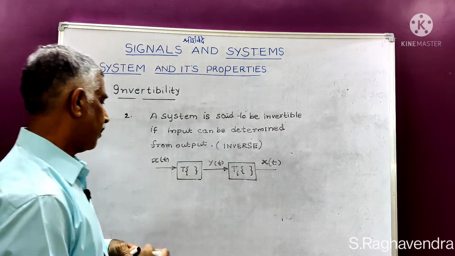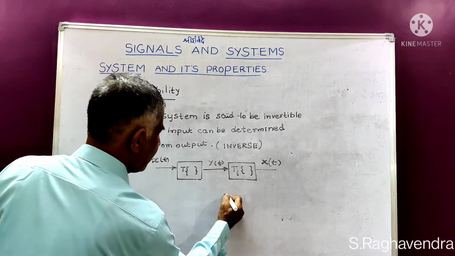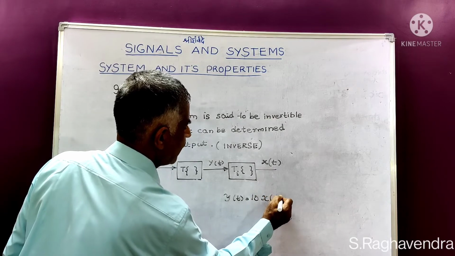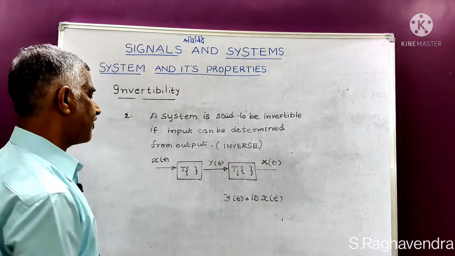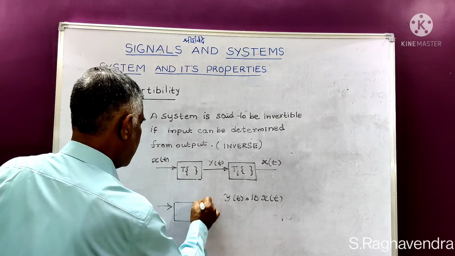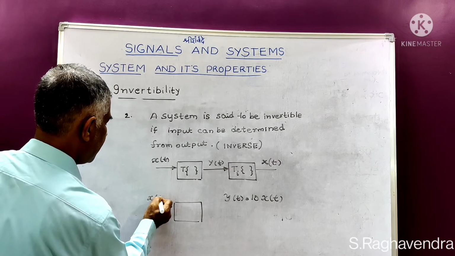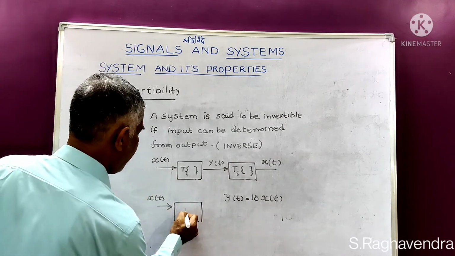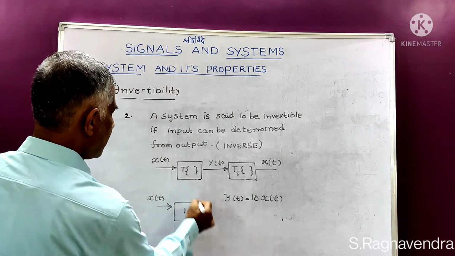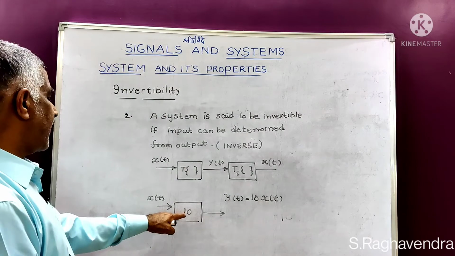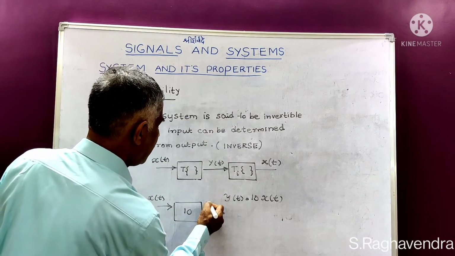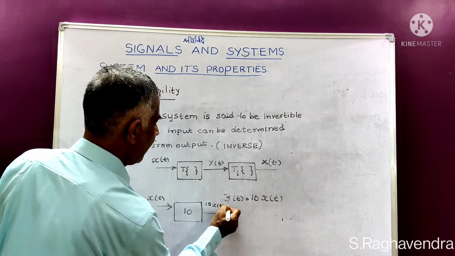Now I will give an example. Same example, y of t equal to 10 x of t. You take x of t here and choose an amplifier of gain 10. Then x of t given to the amplifier becomes 10 times x of t, that is y of t.